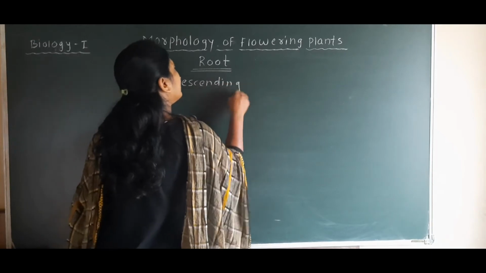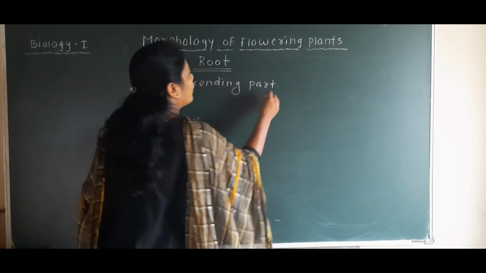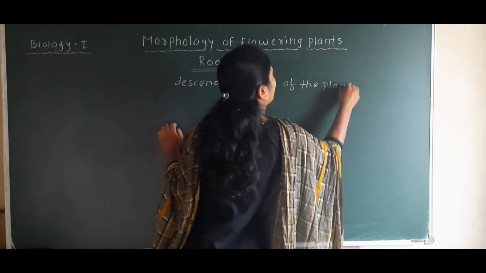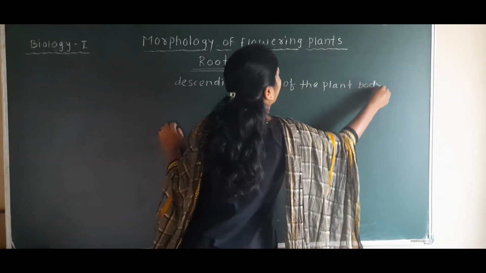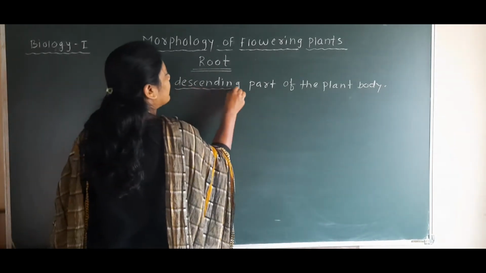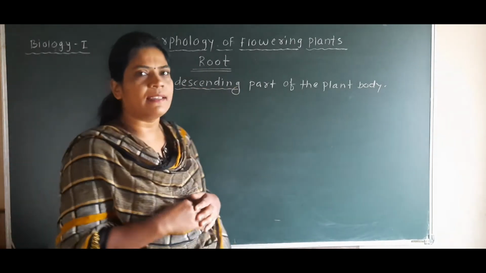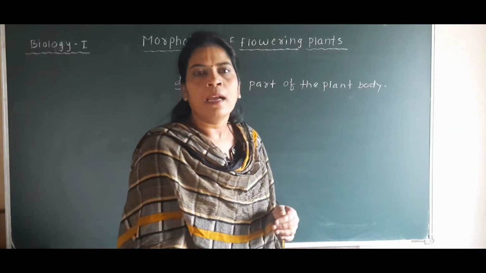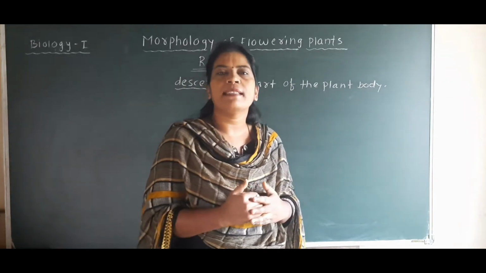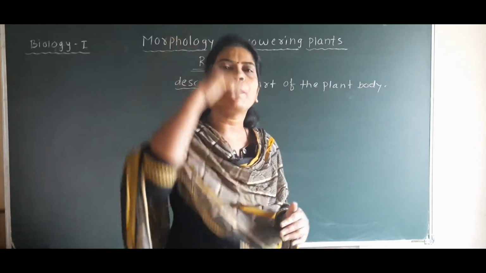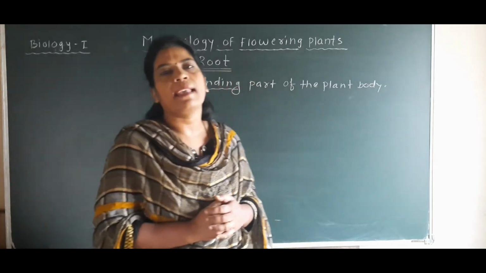Root is the descending part of the plant, or we can say the plant body. Then what is meant by descending part? Descending and ascending, these are the two terms. Descending means the lower part of the plant is called the descending and the upper part of the plant is called the ascending.